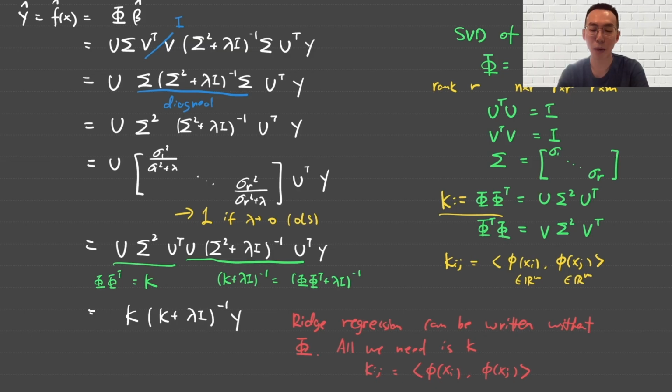This just works like magic, and everything carries over, including the SVDs and the spectral theorem. Everything in this proof can be directly translated into the infinite dimensional version. So that's really the key reason why kernel ridge regression works. It's because we have the same spectral theorem on the infinite dimensional space, just like this one.